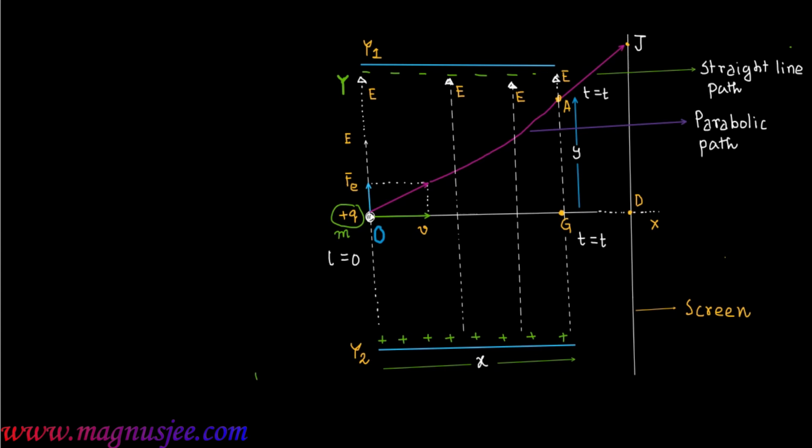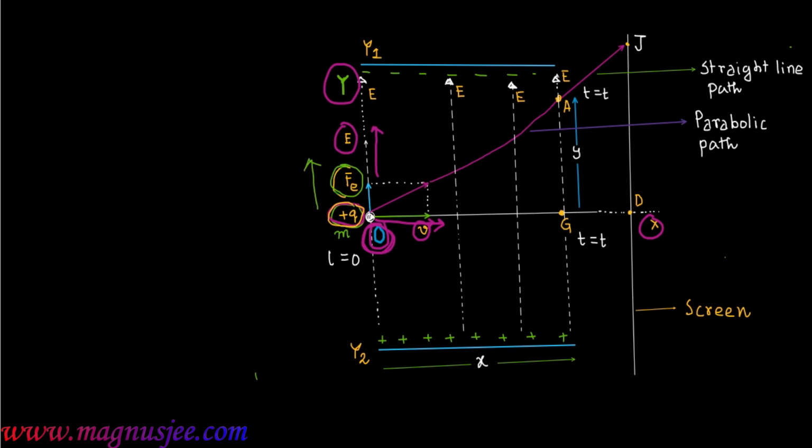Plus q be the charge which is at the point O and which is trying to move with a velocity v along OX. And this charged particle is subjected to a uniform electric field which acts along OY, such that the charged particle is trying to travel in a perpendicular direction to the direction of electric field intensity.